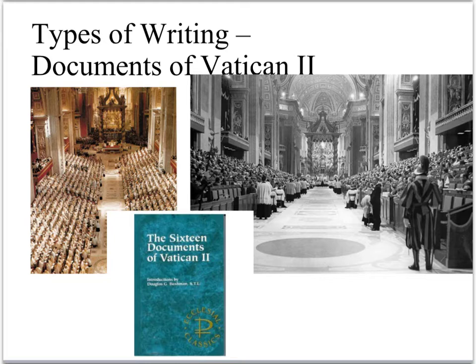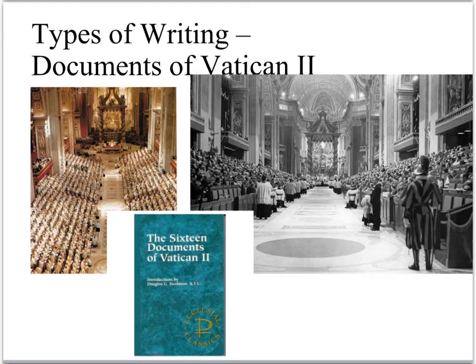Vatican II was significant in that there were bishops from all over the world that participated. The church was really worldwide at this time. And there were representatives from other denominations and even some women, my goodness, that participated in some of the working sessions.